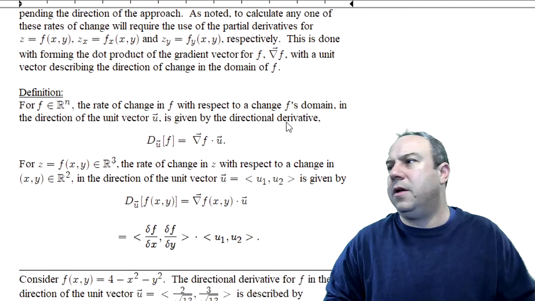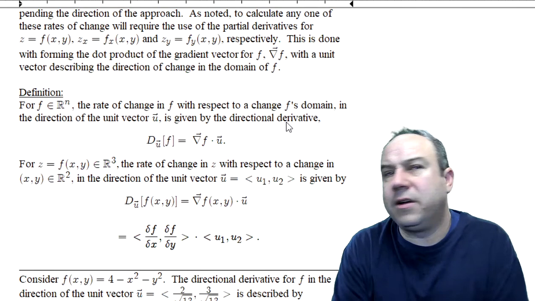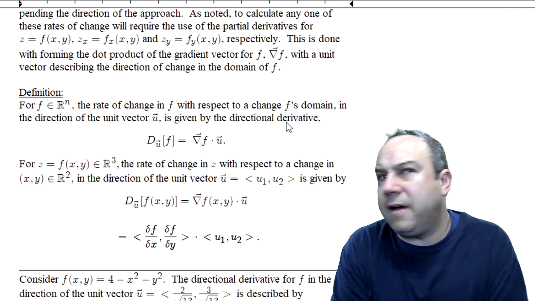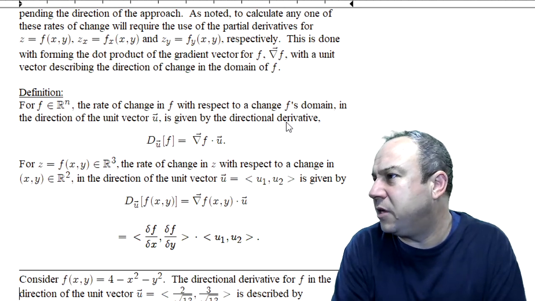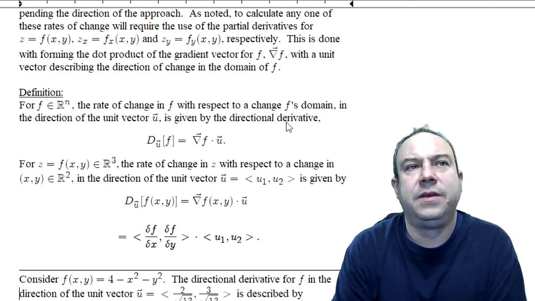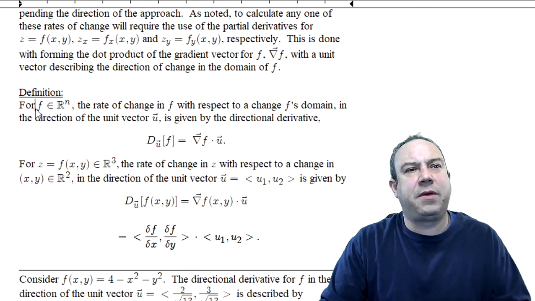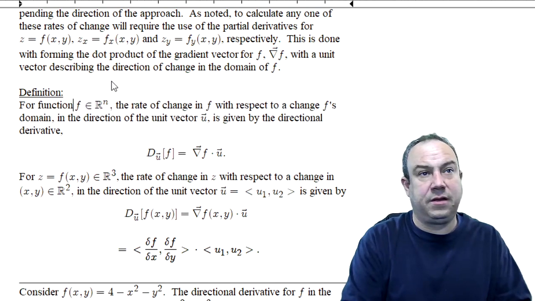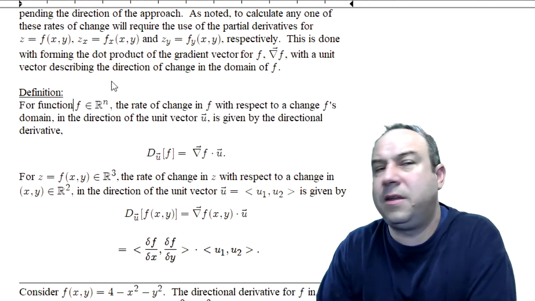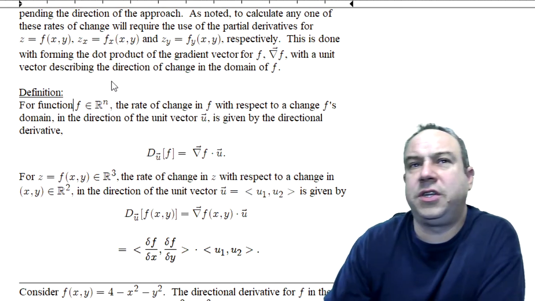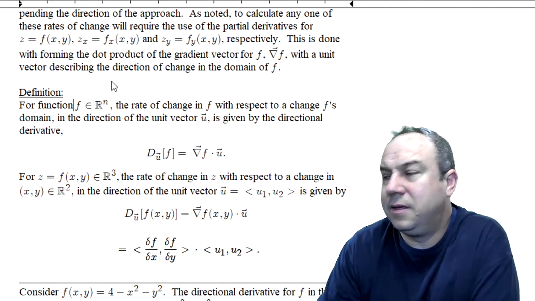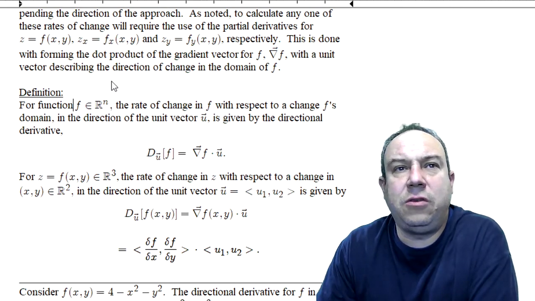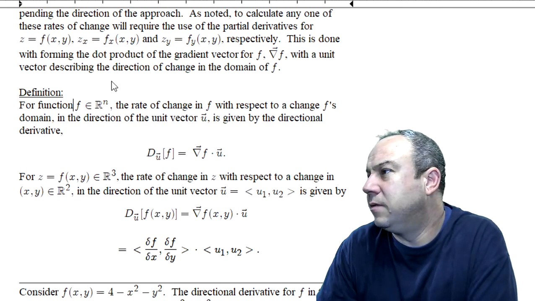All right. You can see in this definition here, it does say for f, a function that contains itself in n-dimensional space. Right? For function f contained in n-dimensional space, the rate of change in function f with respect to a change in f's domain in the direction of the unit vector u, right?